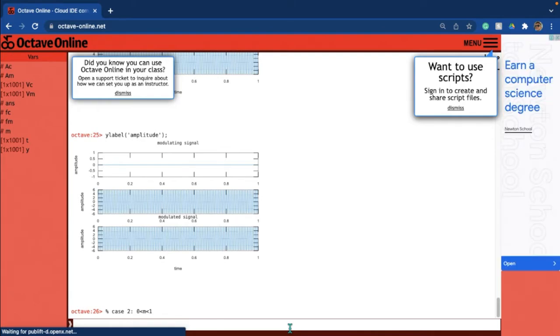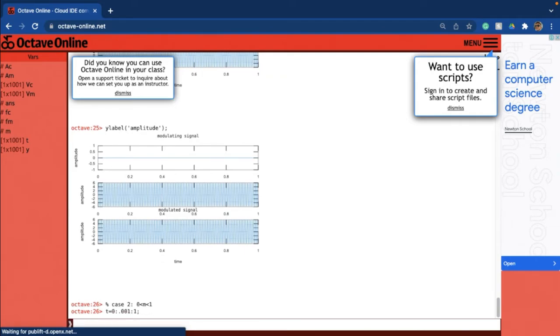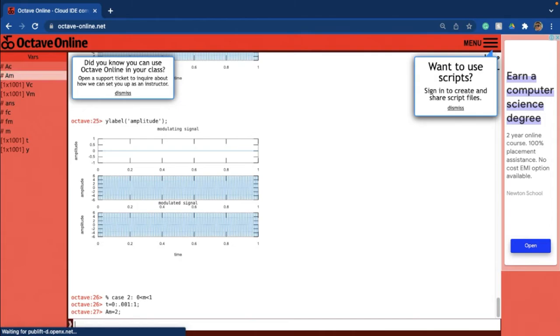In my second case, I have time t. I'm going to take t from 0 to 1 second with an interval of 0.001. Now here I'm going to take AM to be around 2. And then my AC should be more than this. Let me take it as 6.